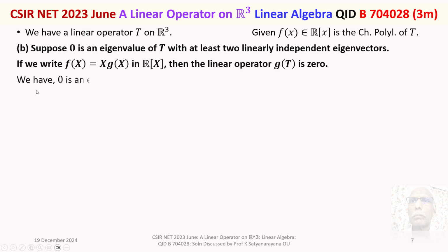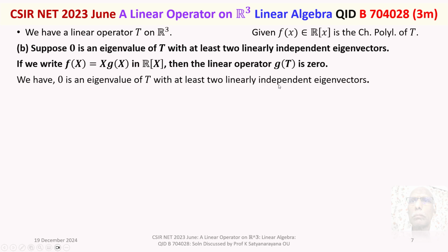Okay. We have 0 is an eigenvalue of T, and it is given with at least 2 linearly independent eigenvectors. Then the geometric multiplicity of the eigenvalue 0 is greater than or equal to 2.